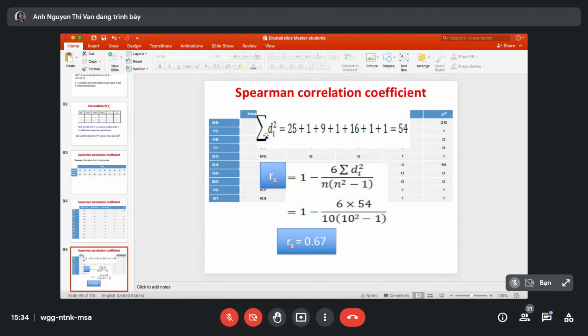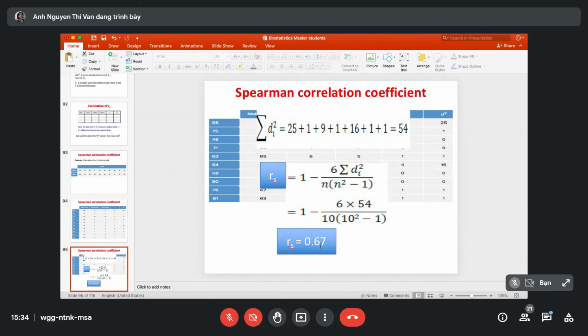You sum up, and 54 is correct. Then you calculate the RS. This step is easy, and it's around 0.67.